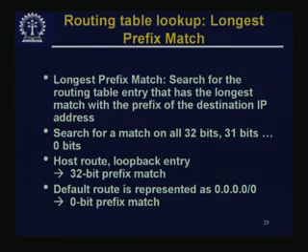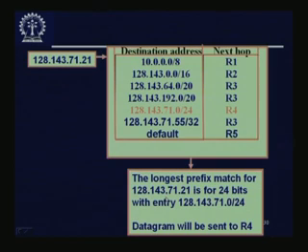So, for the host route or loopback entry, a 32 bit prefix match will always work. The default route may be represented as all zeros. So, this is a 0 bit prefix match, that means there is a 0 entry which will give you the next hop as the gateway, because now it has not matched with anything. So, finally, this will be a 0 bit prefix match.